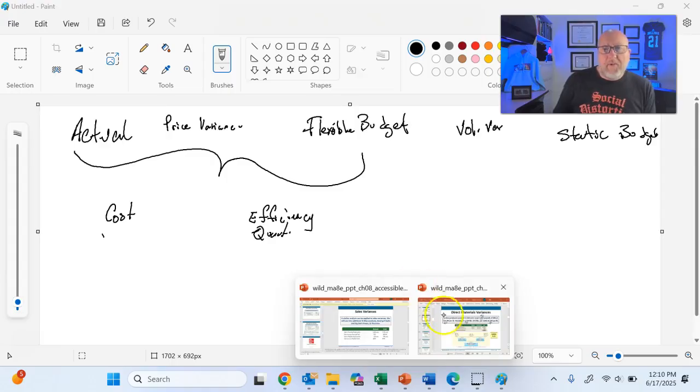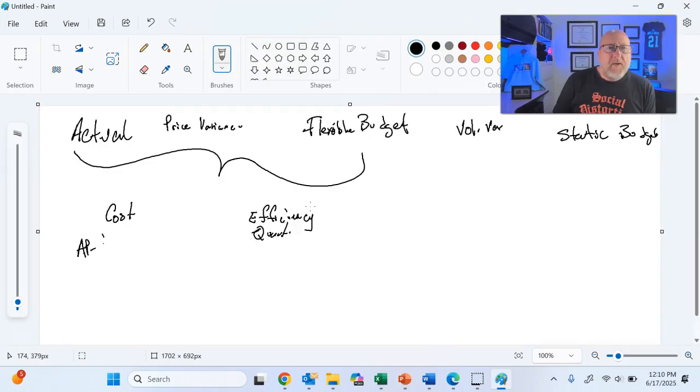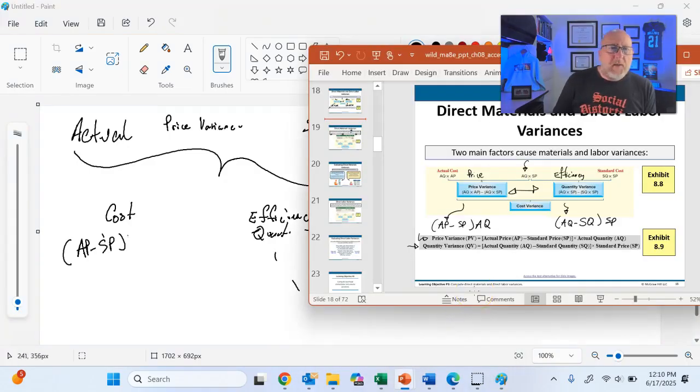I never remember them, so I'm going to have to go back. And let's just do this. So the first formula for price or cost is actual price minus standard price, times actual quantity.